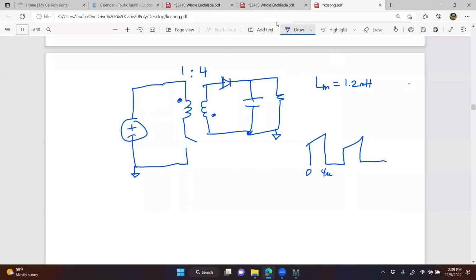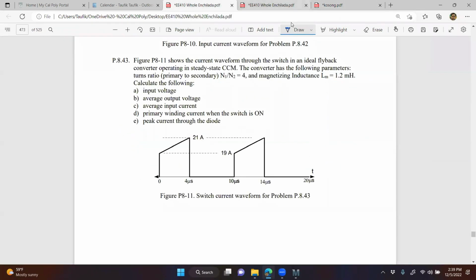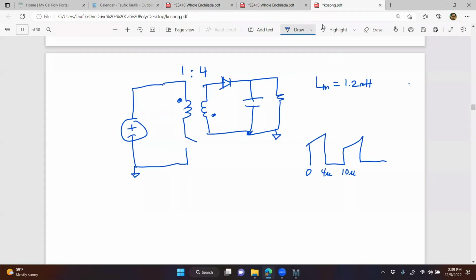Yes, we know the duty cycle. All right. So we know switching frequency, right? We know the period is 10 microseconds, so the switching frequency is 1 over 10 micro. What is that? 100 kilo, maybe?